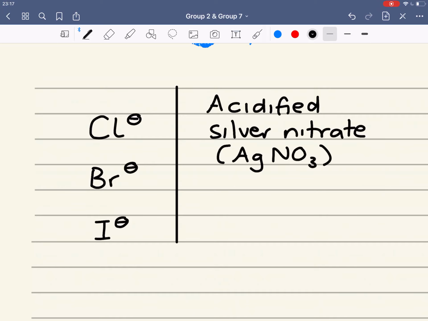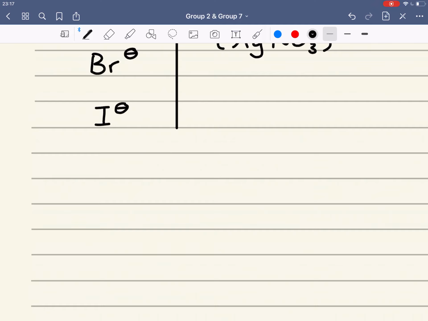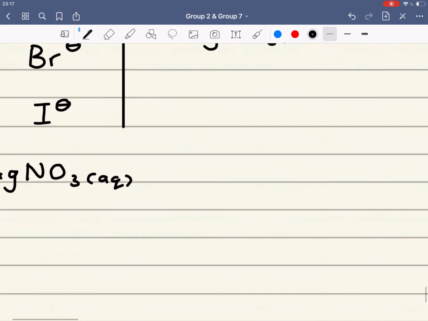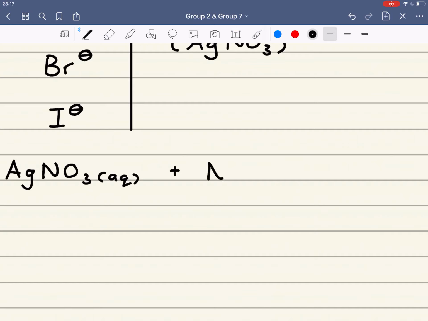Now, when these halide ions react with silver nitrate, they do so according to the following equation. This is where we need state symbols. The halide ions are usually in the form of a sodium salt, NaX, maybe something like sodium chloride, sodium bromide, or sodium iodide, and again, it's soluble.